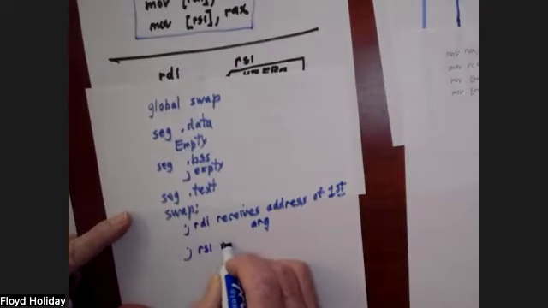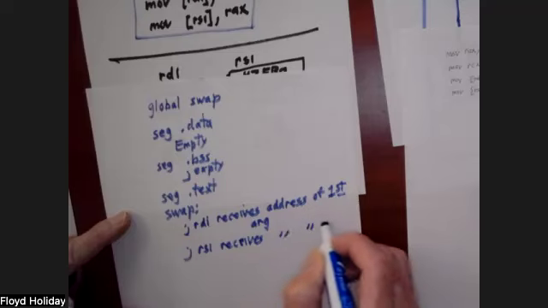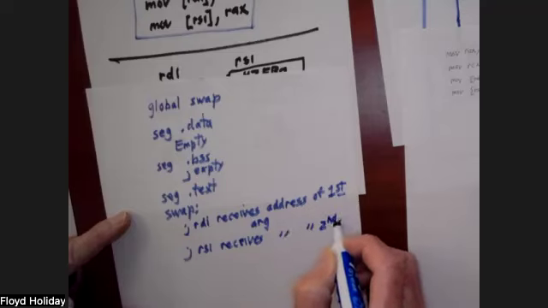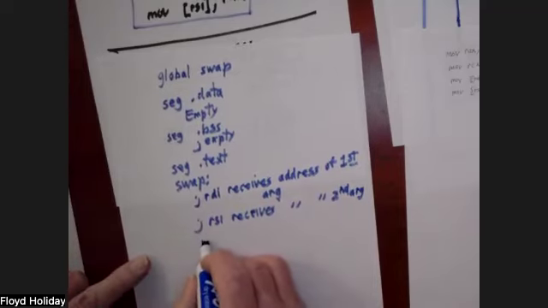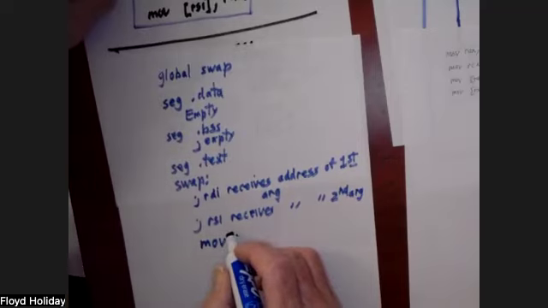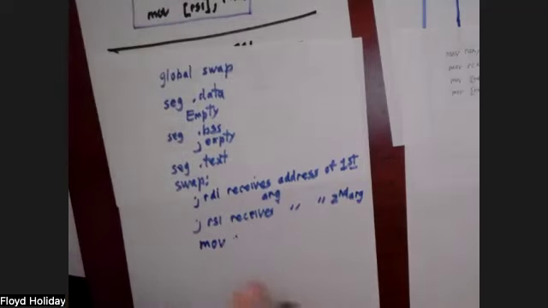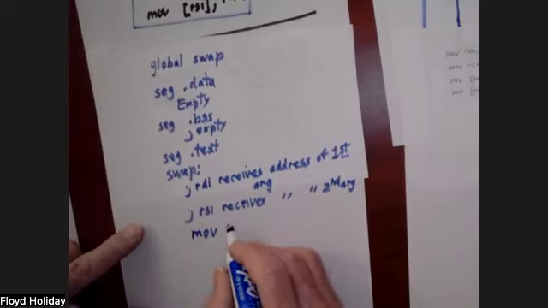RSI receives address of second argument. And then come the four executing statements. You already have them, so let's see. RAX and RCX are just arbitrary registers for temporary holding. It could be anything else not currently in use, but we'll stay with that.